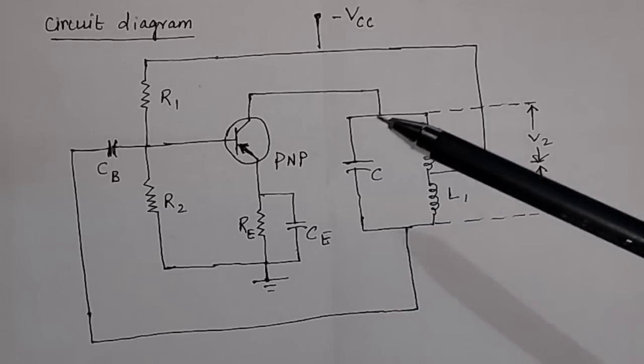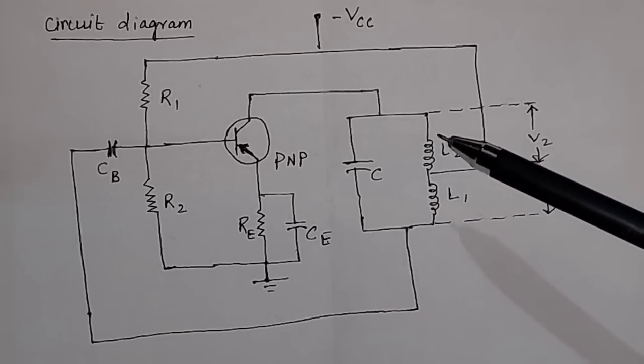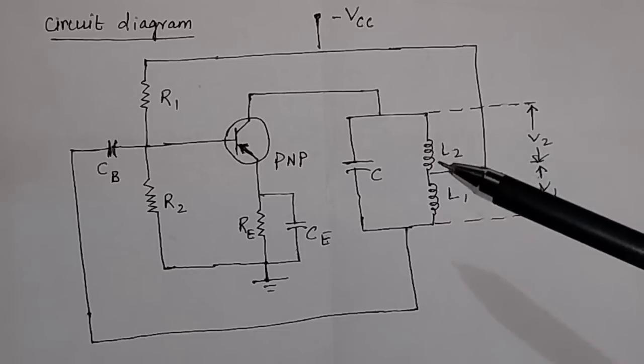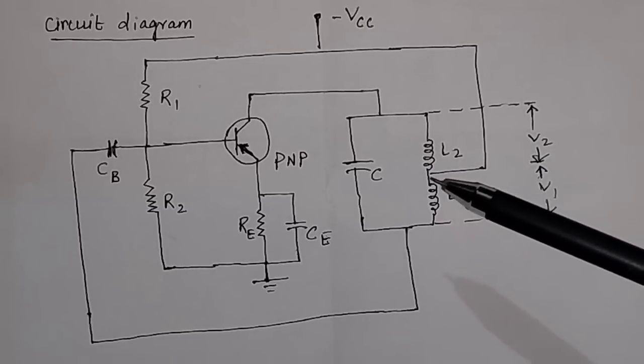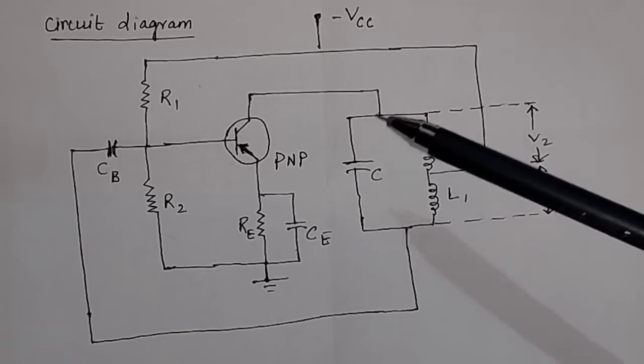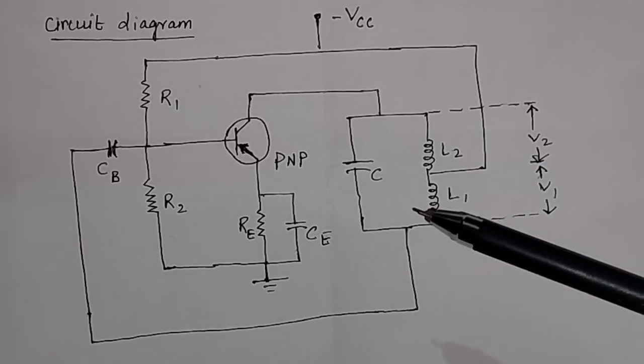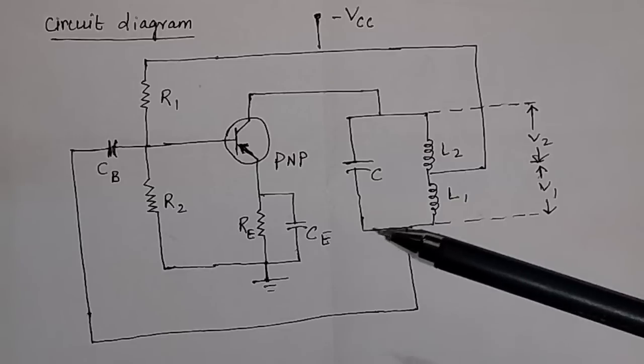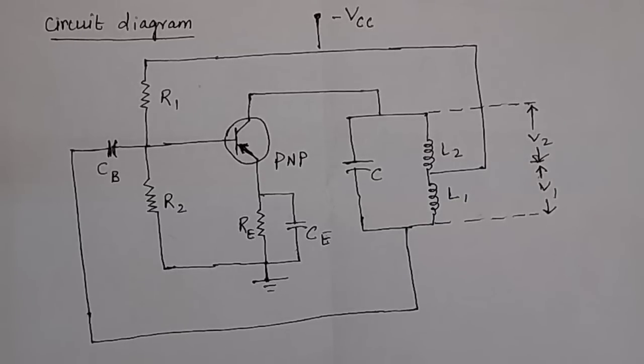This is your tank circuit or an LC circuit. You have an inductor with a center tap, and one capacitor. Inductor and capacitor constitute an LC circuit. And I have discussed about LC circuit, how you get sustained oscillation in LC circuit, in the previous video.